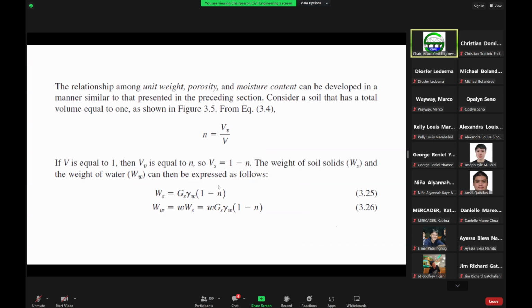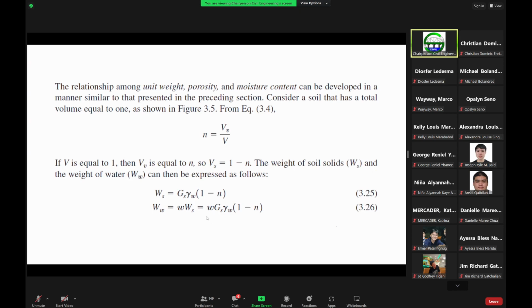And the weight of water is equal to the water content times the weight of the soil solids, because we know that the water content is equal to the weight of water divided by the weight of the soil solids.